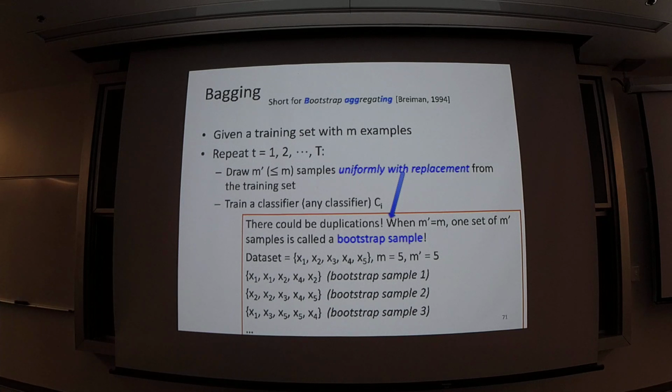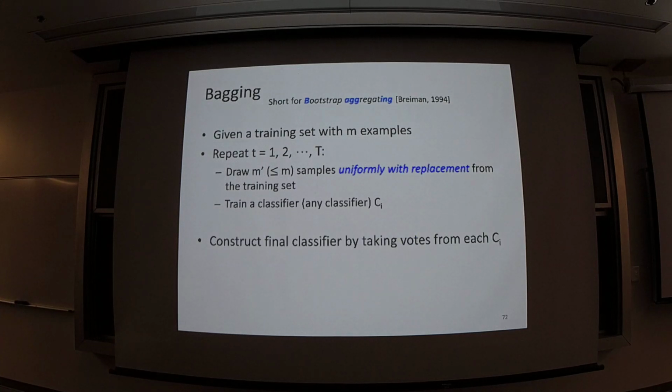If you want to use decision trees to construct your bagging learner, training a bag of decision trees, we actually do not want you to control the growth of the decision trees. I want you to grow the decision trees to be as large as possible, as deep as possible, as wide as possible. Later we'll discuss why.